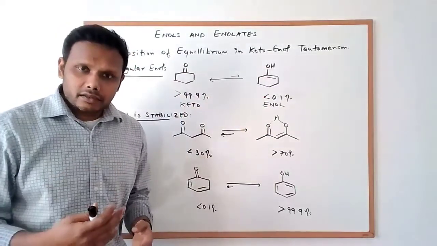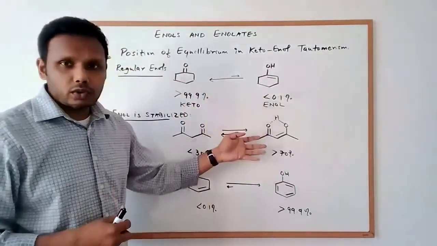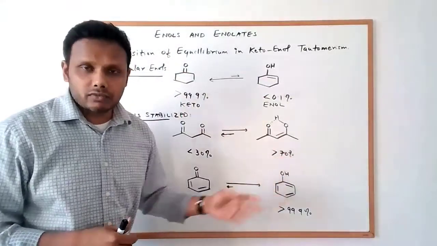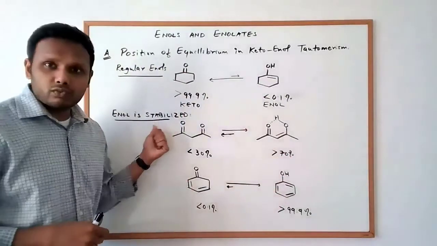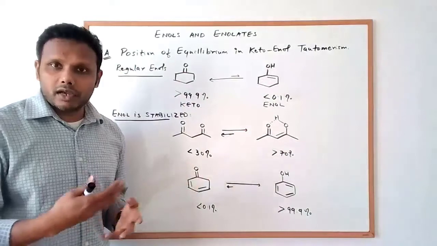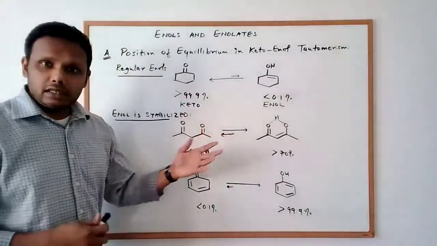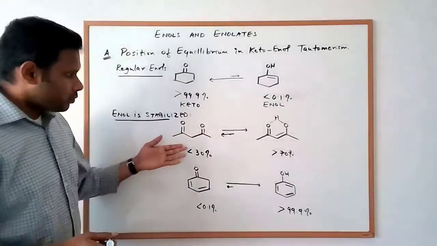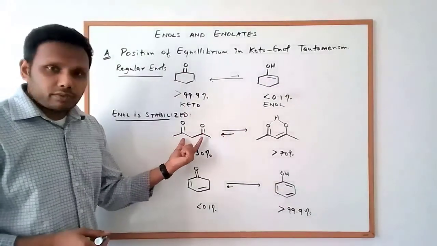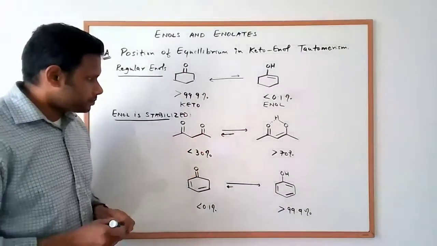Now, certain factors can promote or stabilize the enol form. This happens when the enol is stabilized, and there has to be some mechanism by which that enol is stabilized. An example is beta diketones.